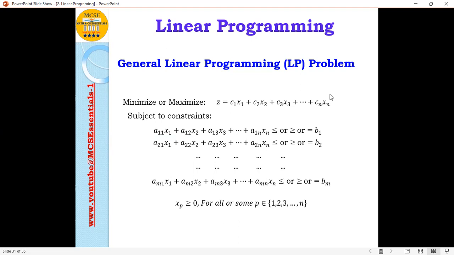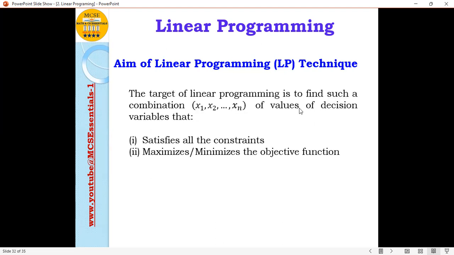So this has three main parts: linear objective function, linear equality or inequality constraints, and non-negativity constraints as well.